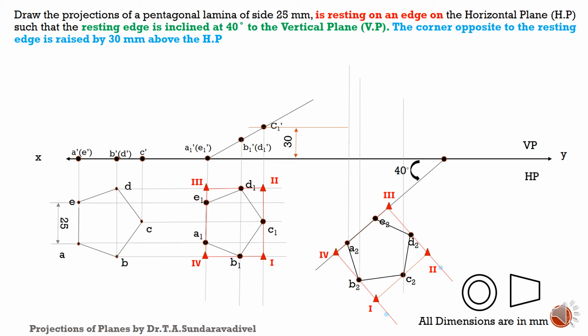Then project all the points upwards. Then project all the points from the side, and just join as we told earlier, join A and A.